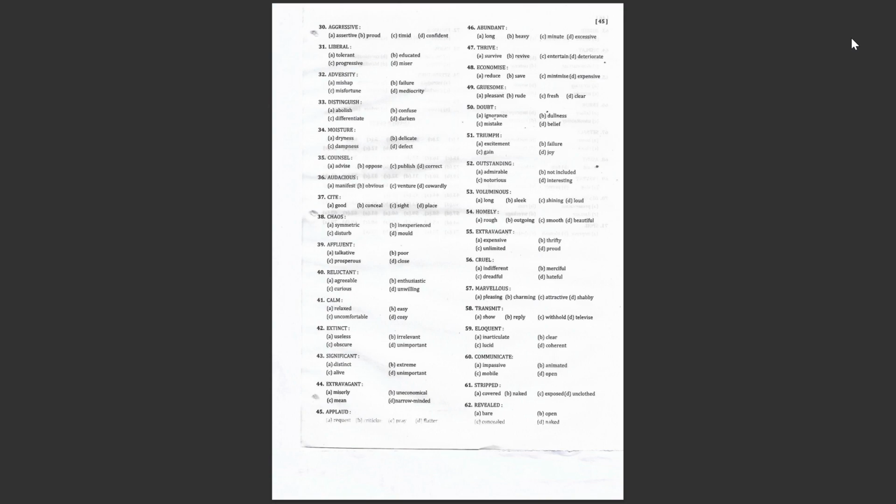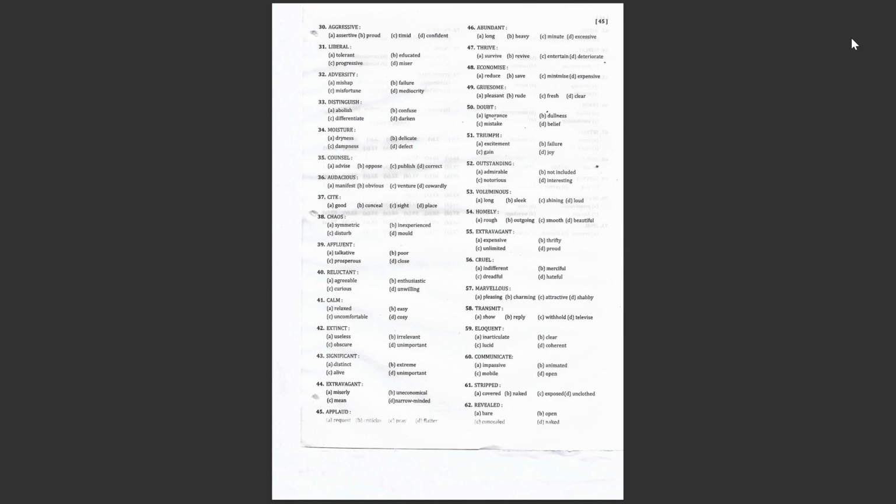Admirable, notorious, interesting, not included. Let's skip this one. I'll get back to you on this. I'm not sure how not included should be the antonym of outstanding. I don't really understand how. Let's move on to the next word.